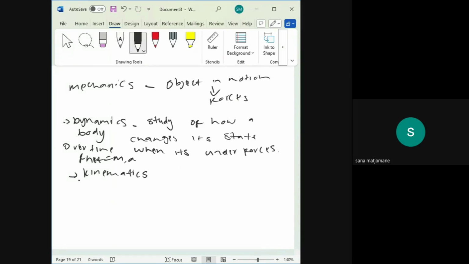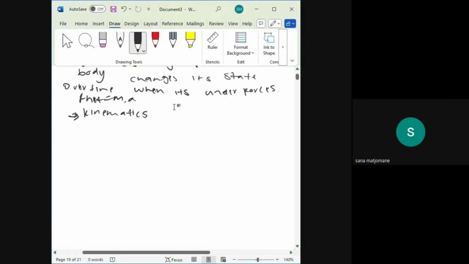So now I'm interested in the second type of motion that our objects can undergo. We spoke about dynamics, and we spoke that it's governed by Newton's second law. We're going to speak about dynamics in chapter 4. But now we're interested in kinematics. This is still a study of a body's motion, same as dynamics.